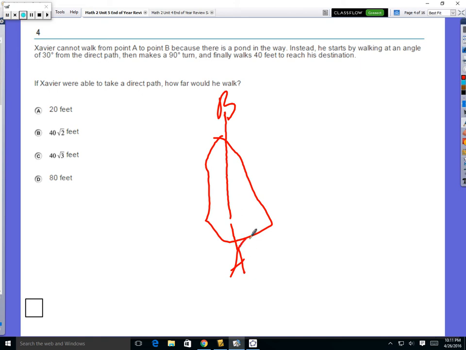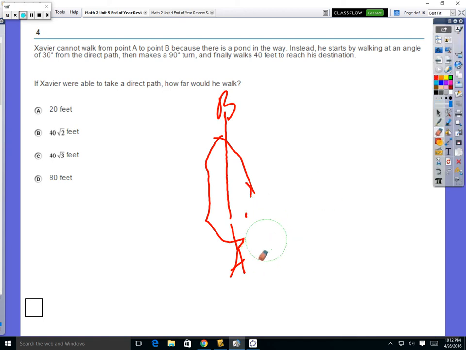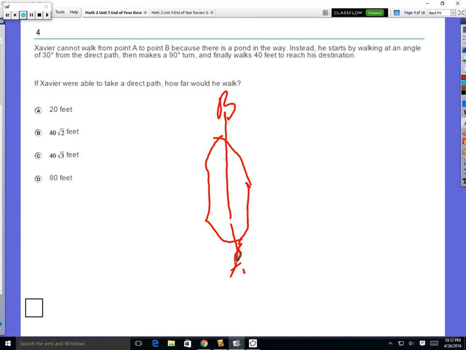So let me shrink the pond. Here's A. He's going to take off at 30 degrees. Then he's going to make a 90-degree turn and head to B. So there's my 90, and that is 30.